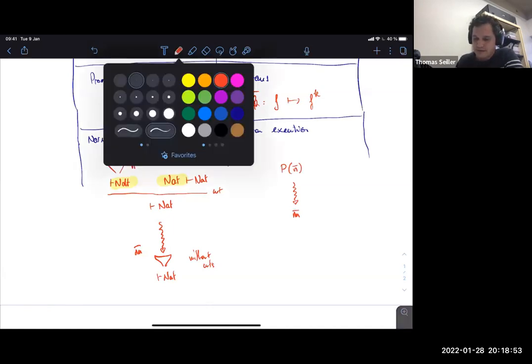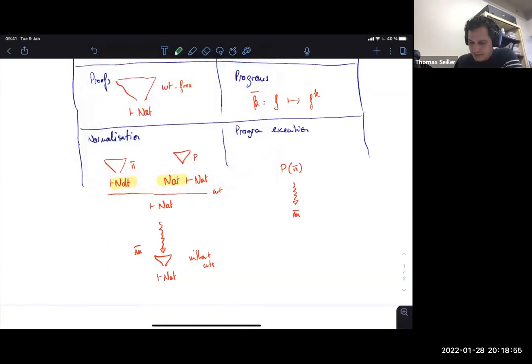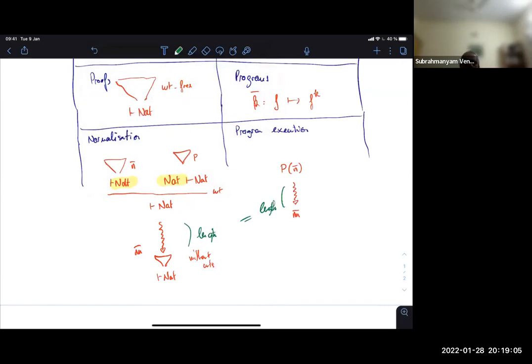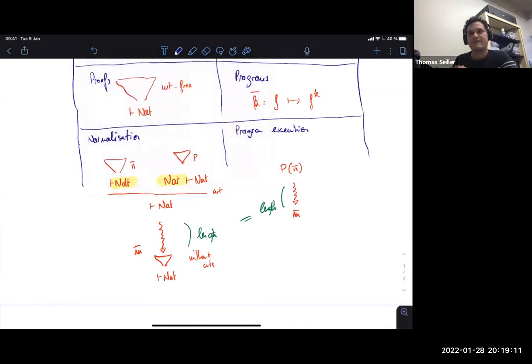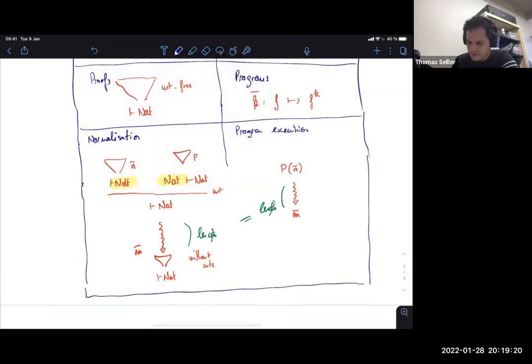So this means that the length here is equal to the length here. So the procedure you have on proofs actually corresponds step by step to computation, right? So that's the proofs as programs correspondence.